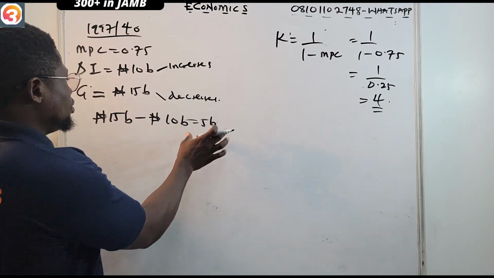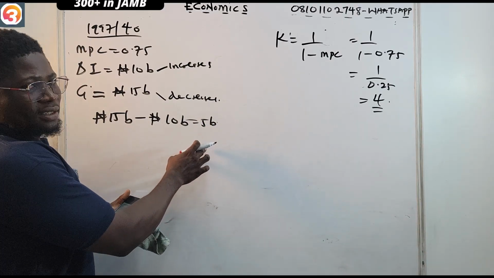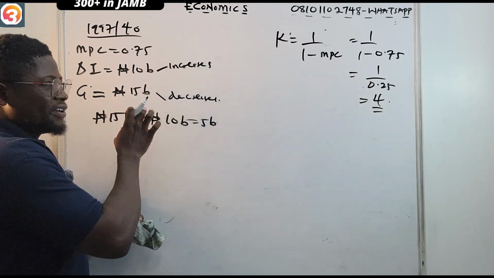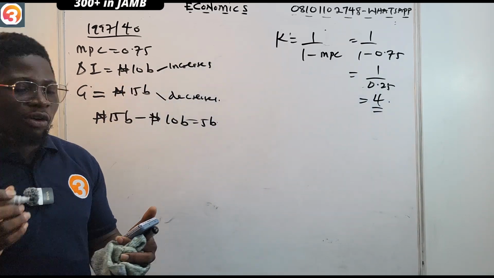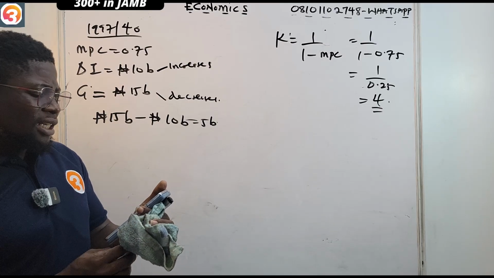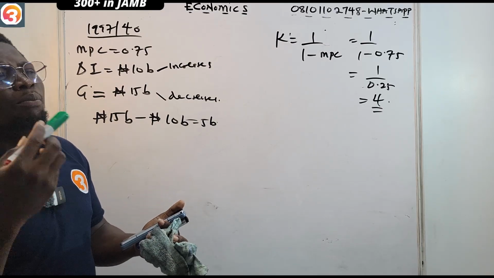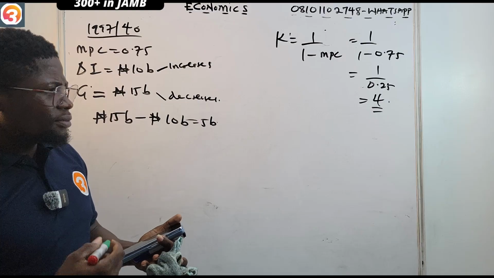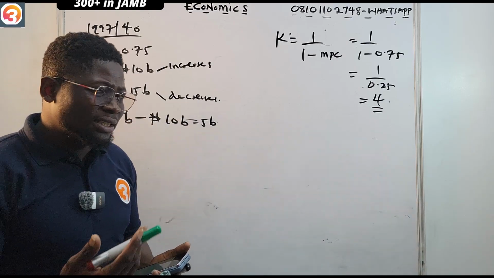So this is the net difference between the investment and government spending. The question is asking about GDP: how much will the GDP decrease? Because if government spends more, GDP will be increasing.